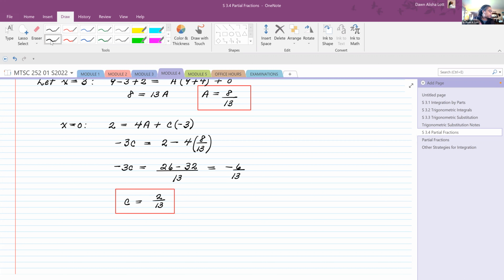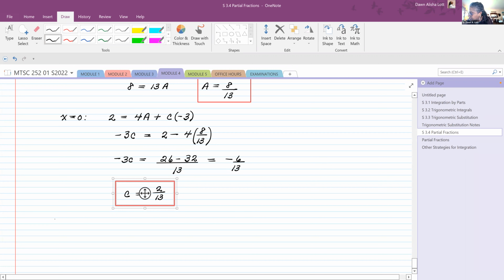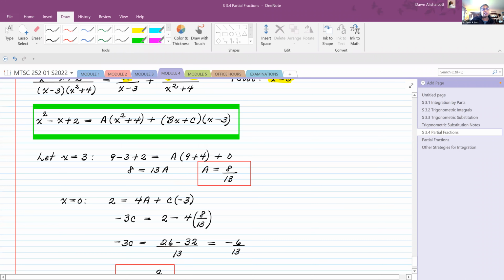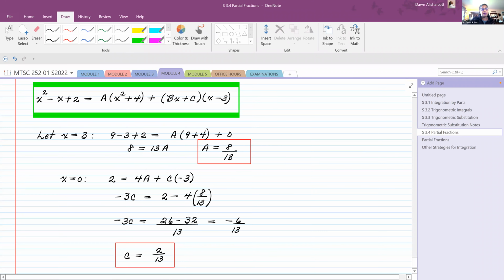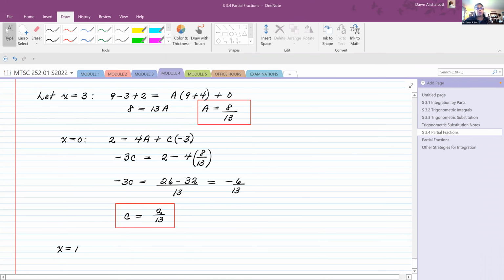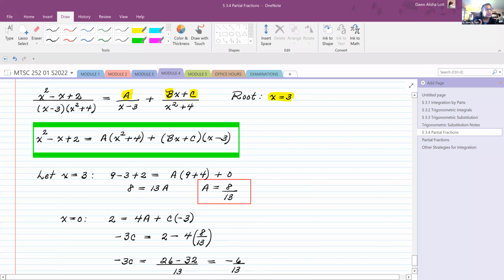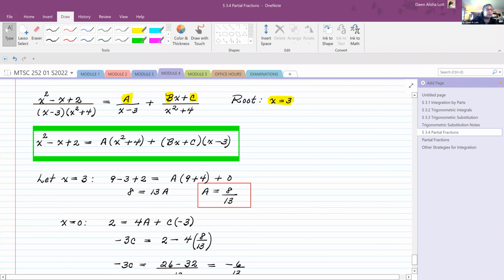Okay. Next, I need to find b. So let's let x equal to 1. I guess that's probably the best thing I could do. All right, and if x is equal to 1, I need to be able to see my major equation. I get 1 minus 1, so that's 0.